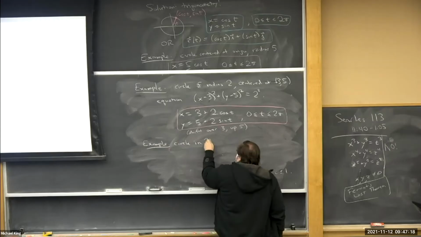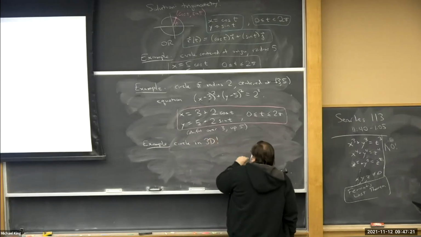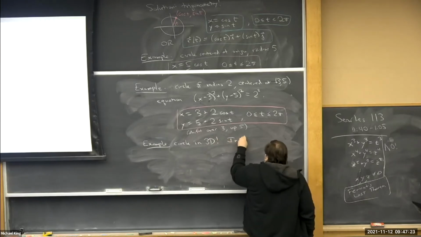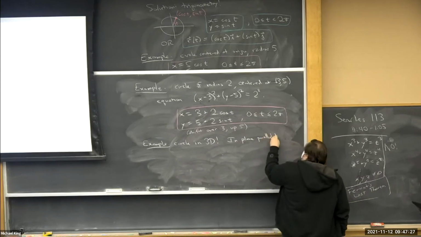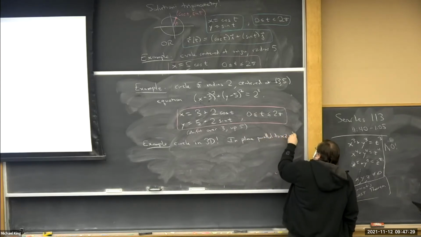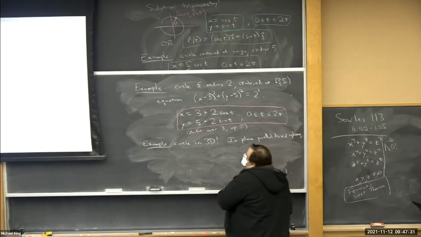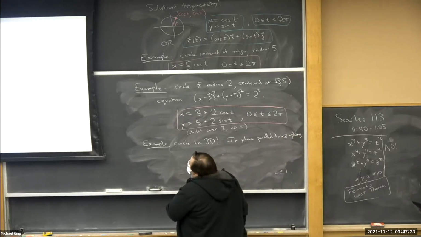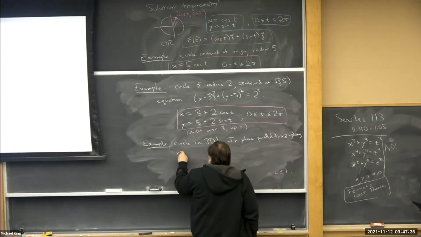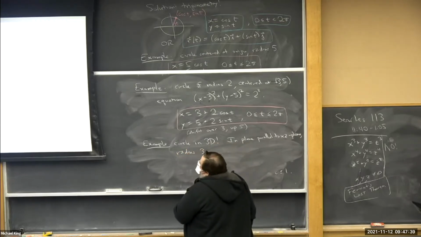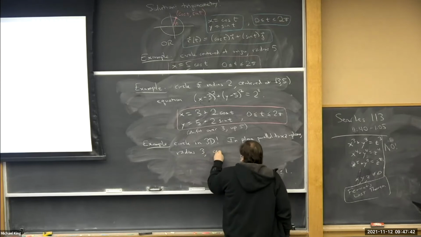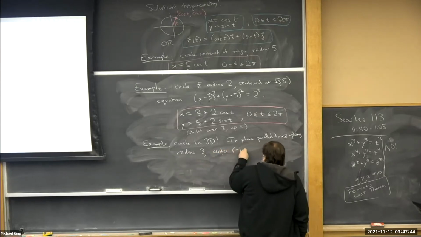Let me write some of this down. 3D, in a plane parallel to the xz plane, radius 3, center -1, 4, 5.